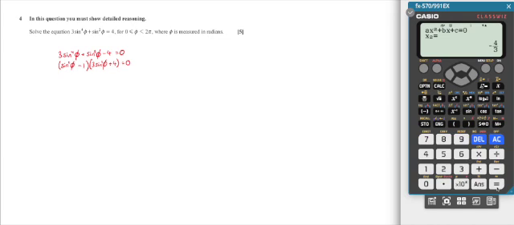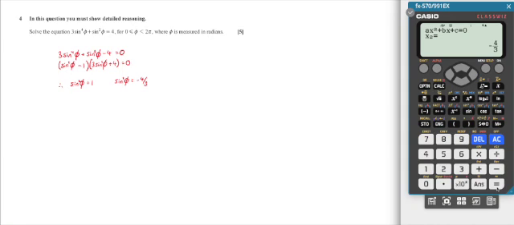Nothing's stopping me doing that. The examiner can't prove that you didn't just factorise it in your head. They have to assume that you did. So what can we have there? From that, we can use the solutions that we had. So therefore, sine squared phi is 1, or sine squared phi is minus 4/3.